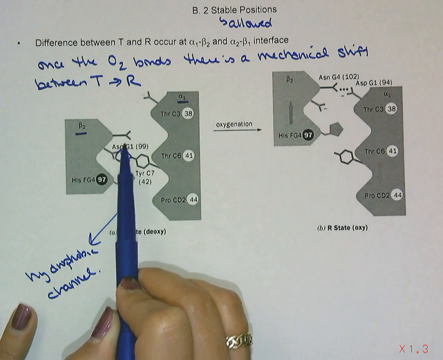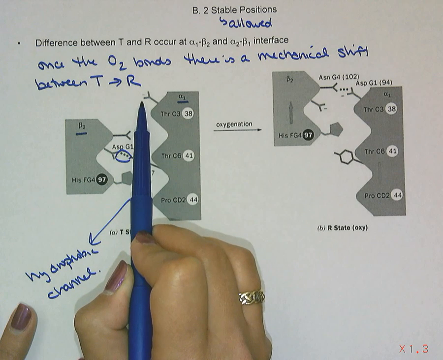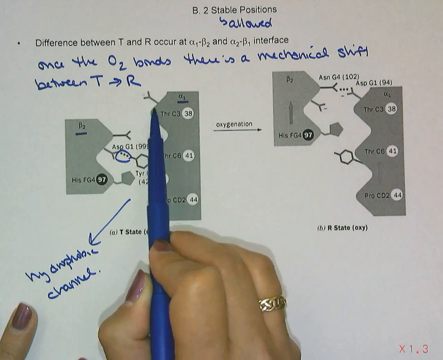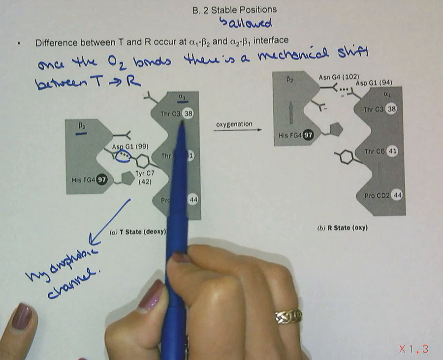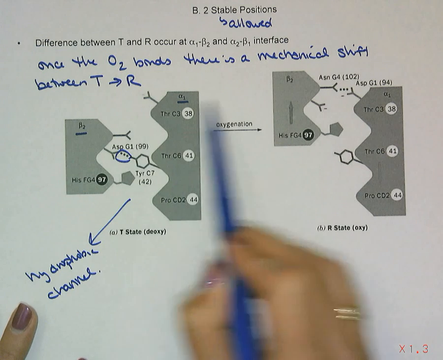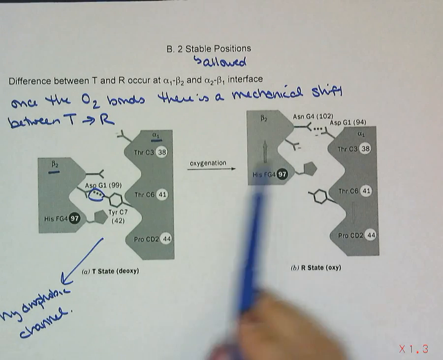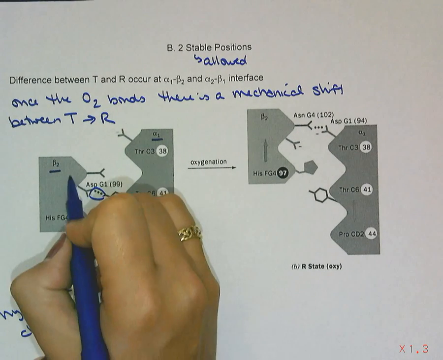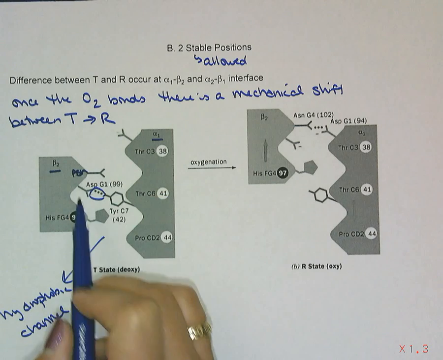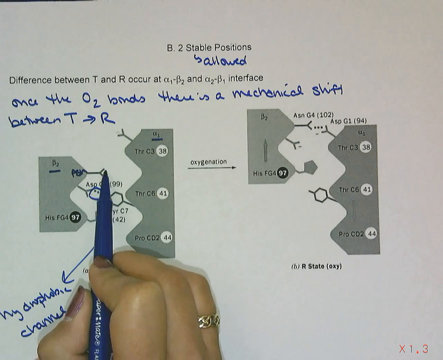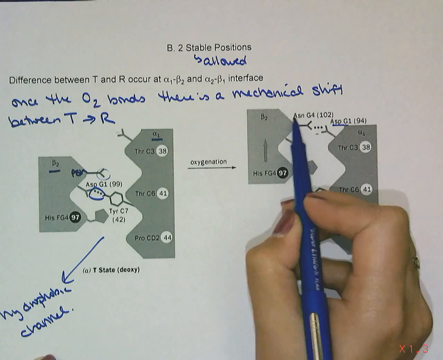But this asparagine can make another hydrogen bond up here, past point 38. Oh, sorry, I mislabeled that. It should be ASN. This molecule can now make a hydrogen bond with that.